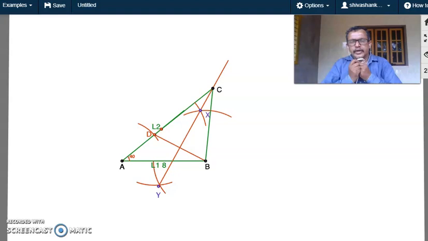Take PQ equal to 10 centimeter, angle Q equal to 50 degrees, and RP minus RQ equal to 4 centimeter. Construct a triangle PQR.